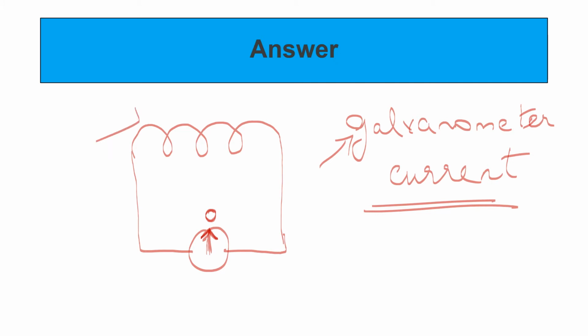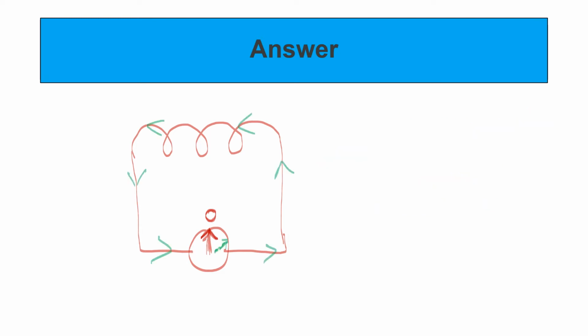Whenever a current passes through this coil, this needle will deflect. If the current flow through this coil is in this direction, that means in the anti-clockwise direction, the needle of the galvanometer will deflect towards right because the current is flowing in the anti-clockwise direction through the coil.